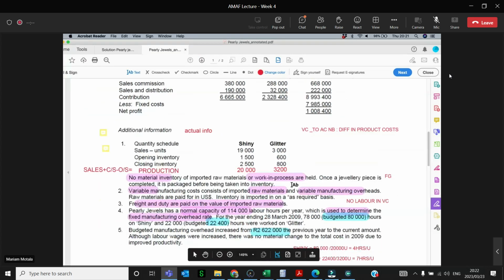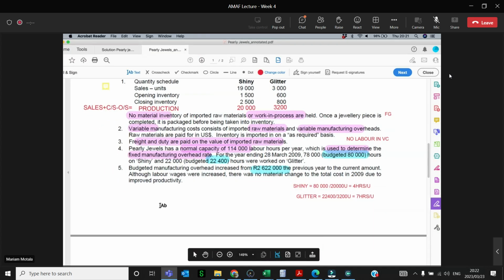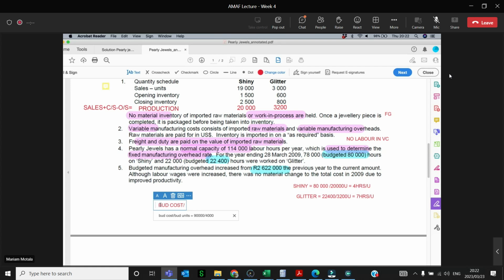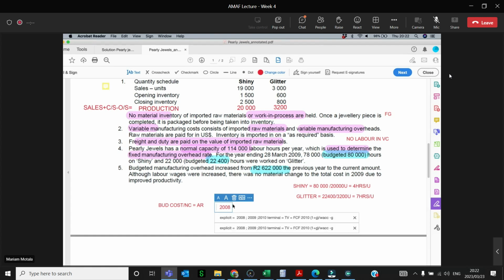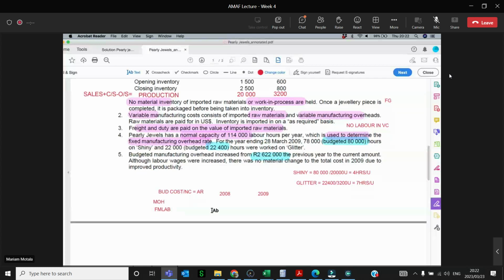So if we take our budgeted costs and divide by normal capacity, we will come up with an allocation rate for 2008 and an allocation rate for 2009. You will find that to deal with it for manufacturing overheads, and we will have to look at fixed manufacturing labor as well.